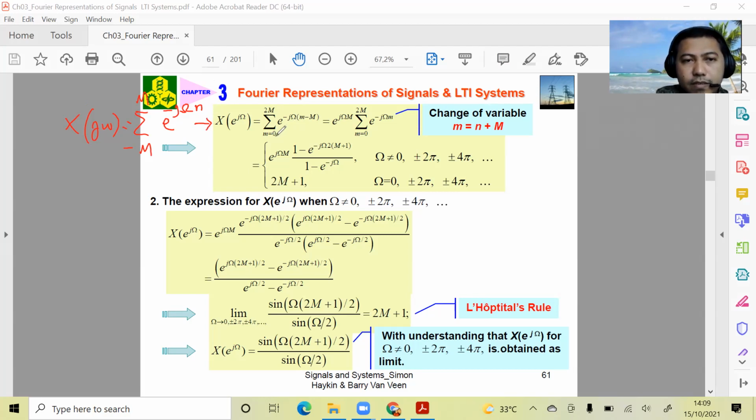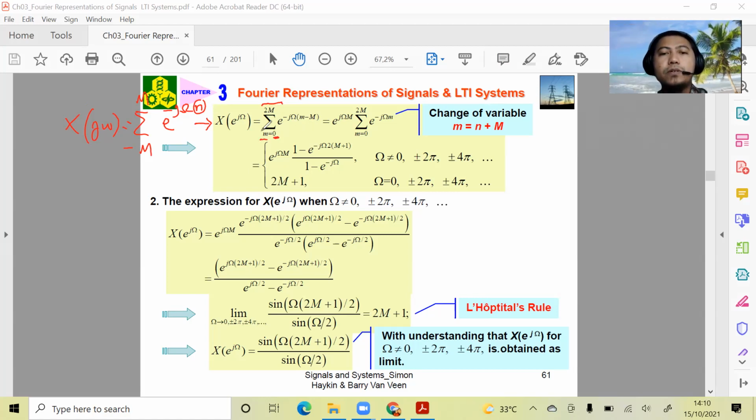Let's say the start is 0, the upper limit becomes 2 times m, and e to the power of j omega (m minus m). We change the variable n to variable m.